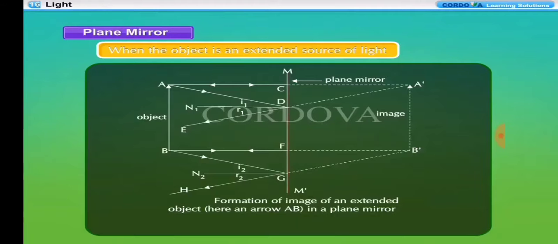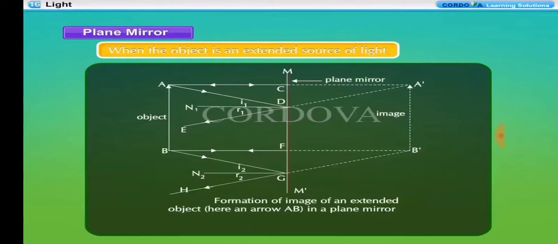A beam starting from point A after reflection from a plane mirror appears to come from point A'. So, for point A, we get A' as its virtual image. Similarly, from point B, we get B' as its virtual image. Thus, A'B' is the virtual image of an extended object AB which is laterally inverted.